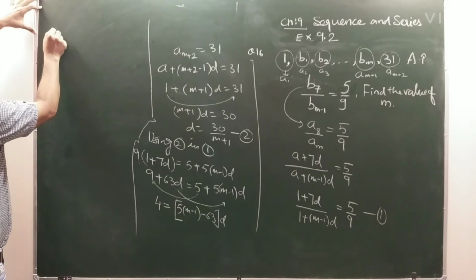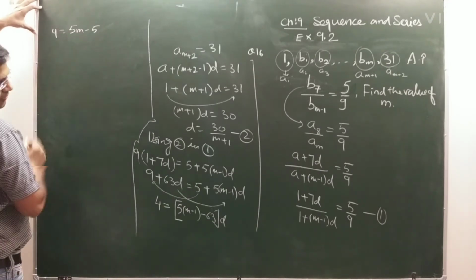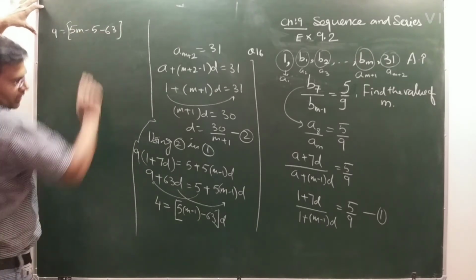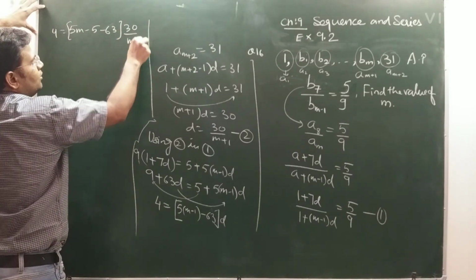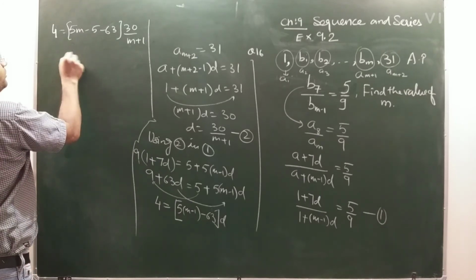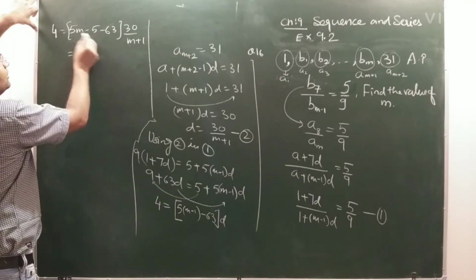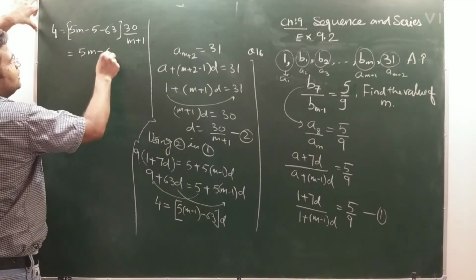So this is 4, you open the bracket, 5m minus 5 minus 63, and this is d, and the value of d is 30 upon (m plus 1). So now you can again simplify this bracket. This is 5m minus 5 minus 63, so this is 5m minus 68.